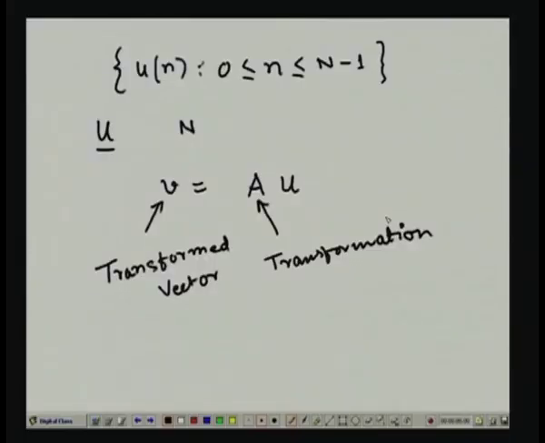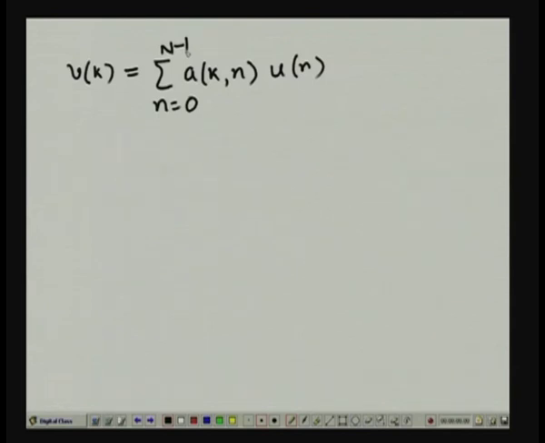If I expand this matrix equation, it can be represented as a series summation: V k is equal to the sum of a k n into u n, where n varies from 0 to capital N minus 1, computed for k equal to 0, 1 up to n minus 1.